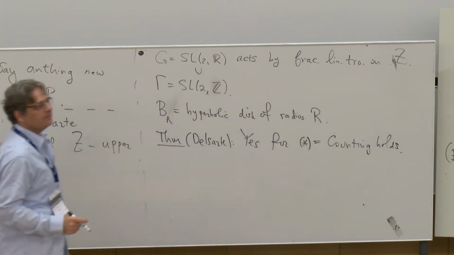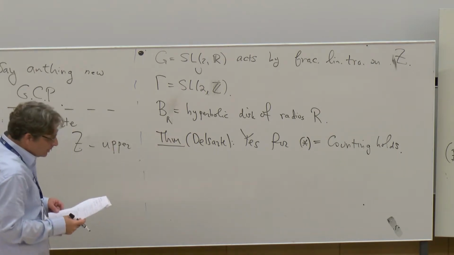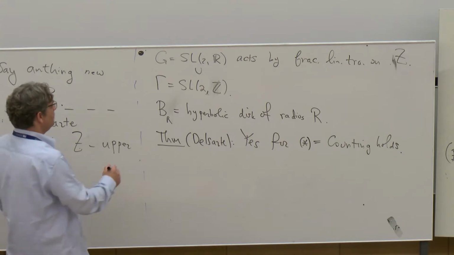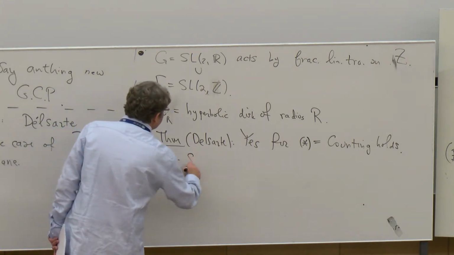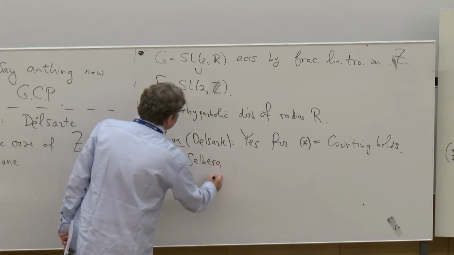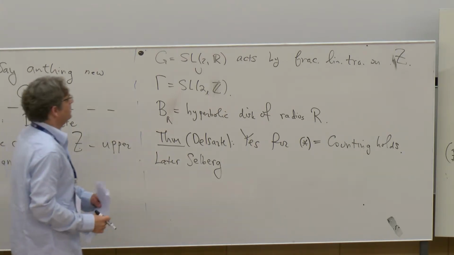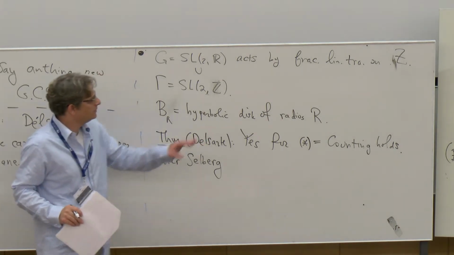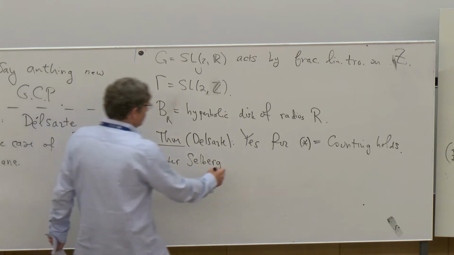The number of points is indeed proportional to the volume of the ball. I should remark that there was a foundational work by Selberg, later, who studied this problem. I don't know the history, but in relation to his trace formula, he achieved fantastic results regarding this number NR.